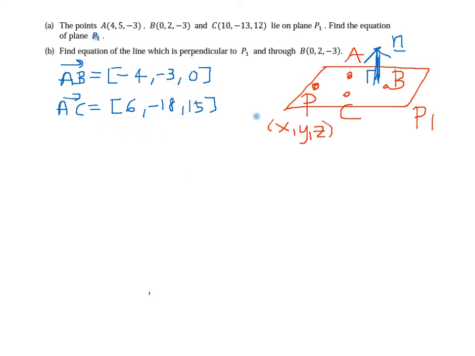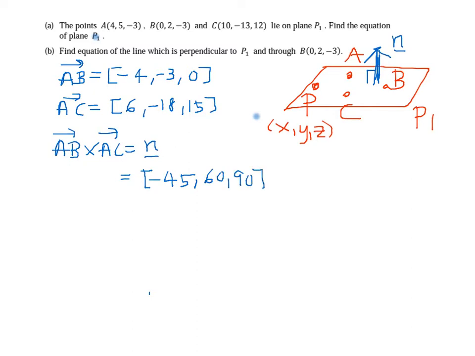Now the point is we want to find this normal by finding the cross product of these two vectors. So the aim is to do the cross product AB and AC, and that will be of course your vector N. If you perform this, you should get -45, 60, 90.